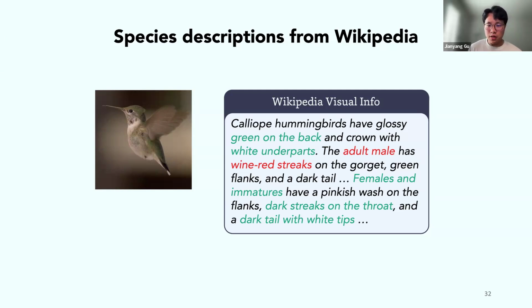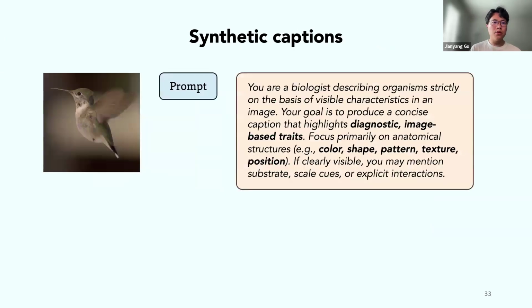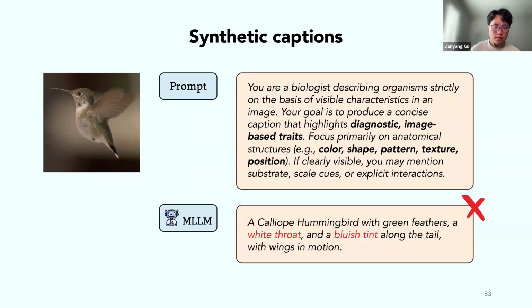Another option, of course, is to use large language models to generate captions, and we agree that nowadays these AI agents are very strong. They have very comprehensive understandings of this world. But however, we know that language models can hallucinate. In this case, the language model says this hummingbird has a white throat and a bluish tinge along the tail, which is not very accurate.